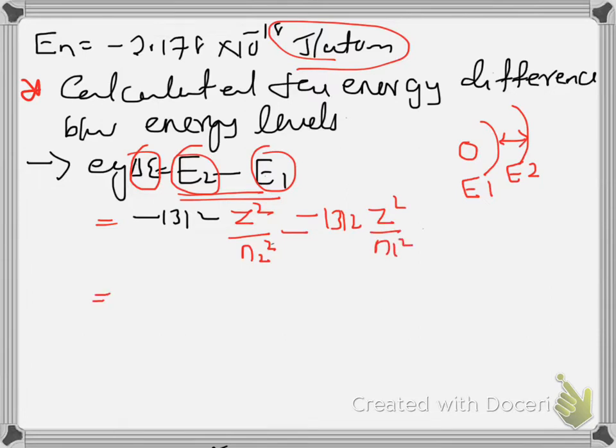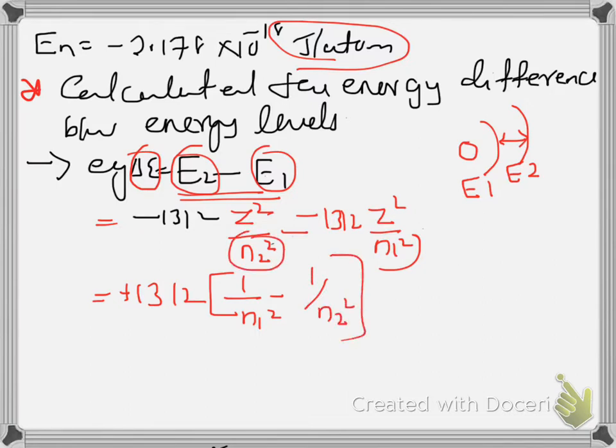So commonly we write 1312. Minus of minus becomes plus. That is why we write it as plus 1312 into 1 by N1 square, this term, minus 1 by N2 square, this term. And commonly we have Z square, which can be taken out.